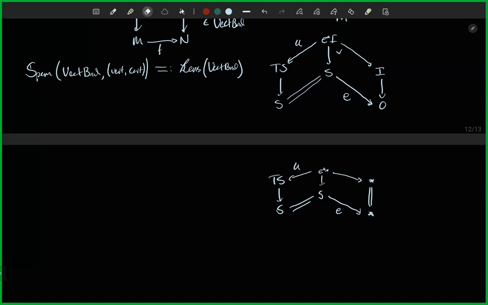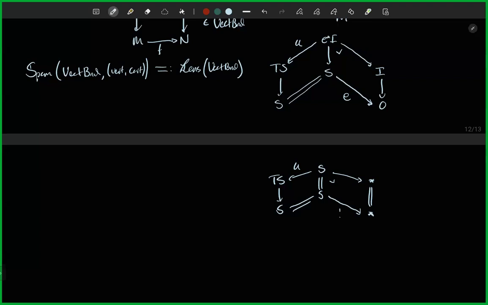But now it's a general fact that if you pull back an identity, you might as well take it to be the identity. This one's a pullback. The data of E is trivial here because it's a map into the point. There's only one of them. And so the only actual data in such a diagram is this map U, which has to make that square on the left commute.